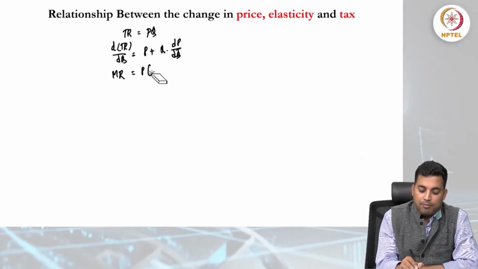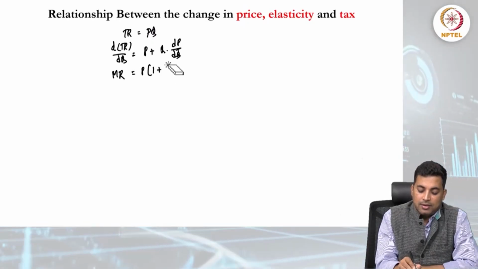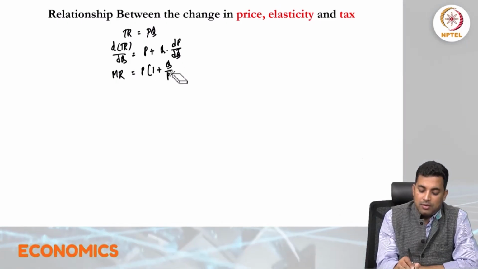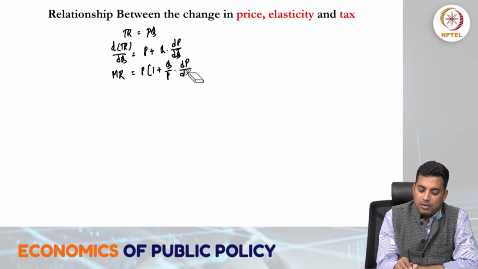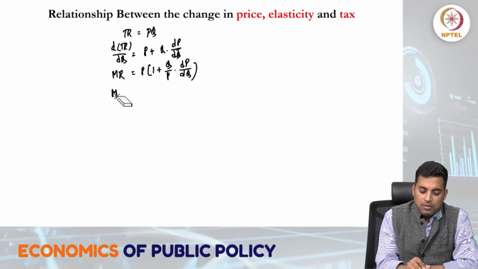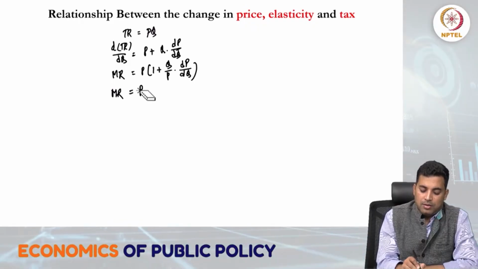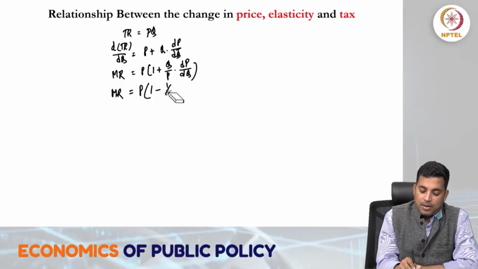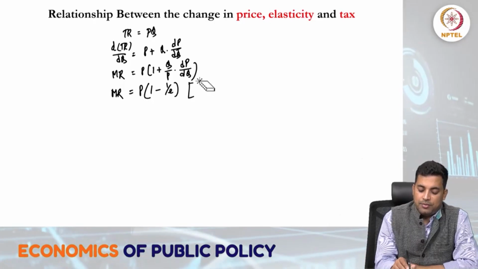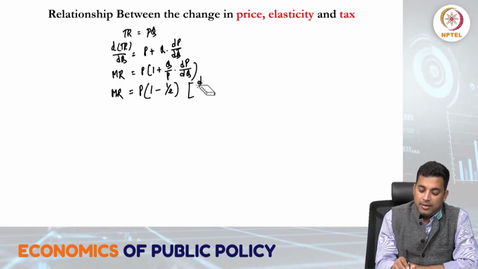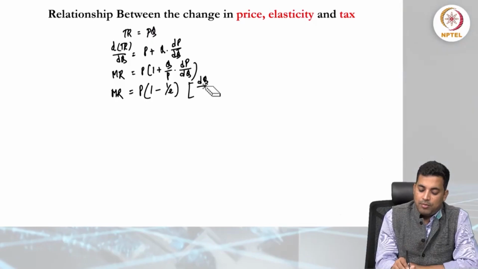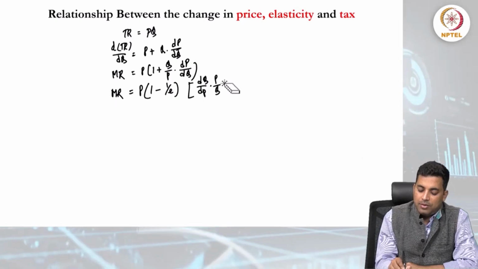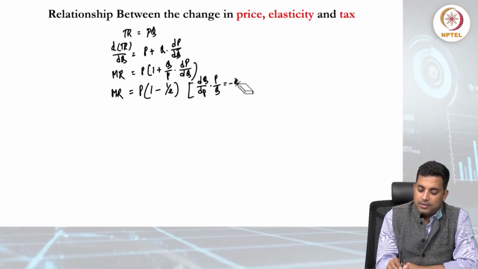If we keep Q out, then MR is P times 1 plus Q/P dP/dQ, which becomes P times 1 minus 1/E, where we assume dQ/dP multiplied by P/Q equals minus E.